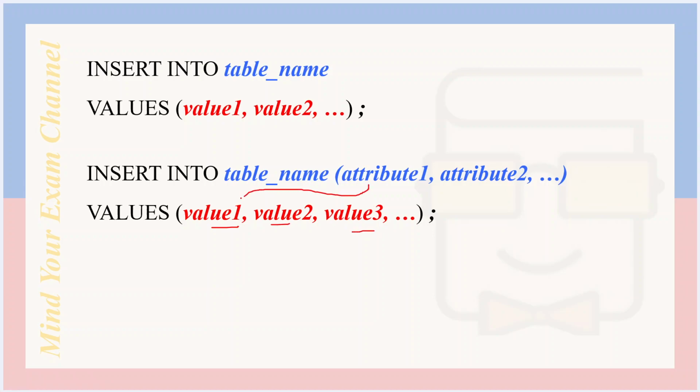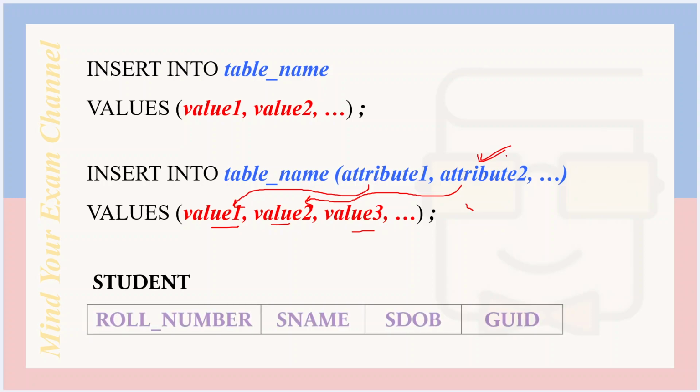Value 1 will correspond to attribute 1, value 2 will correspond to attribute 2, and so on. So this syntax can be followed when you are specifying values for each and every attribute, or when you are specifying values for a few attributes.